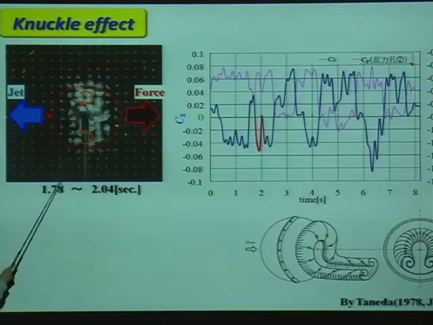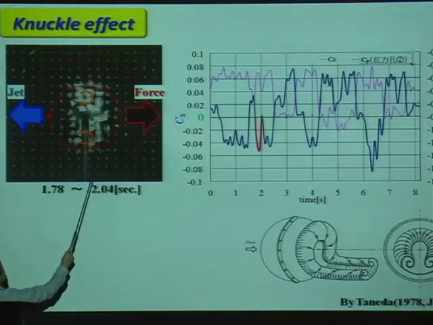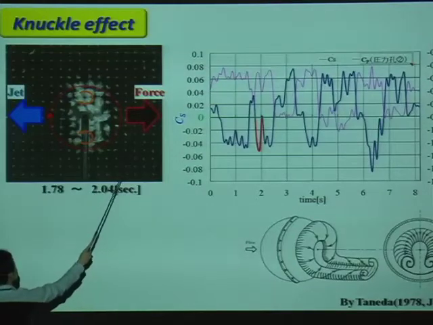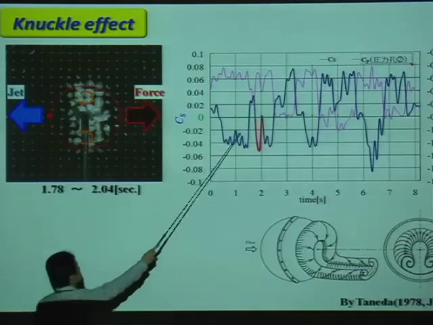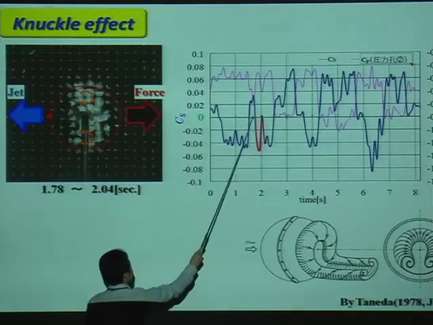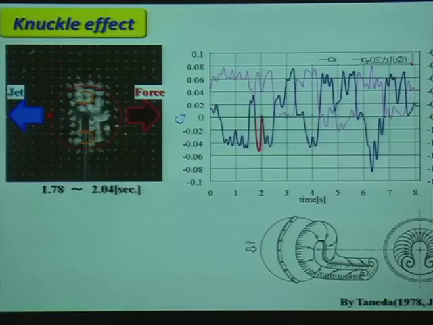And because of the rotational direction, the vortex-induced airflow with a jet, the direction of jet is like this. Therefore, the reaction force acts in the opposite direction. So, in this period, side force acts in the negative direction. That is this direction.